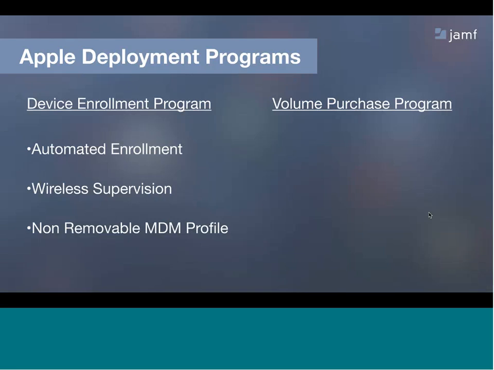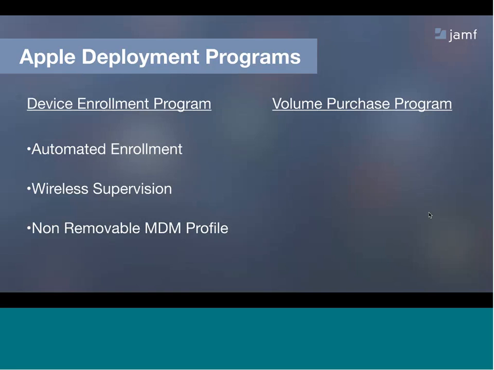The next thing you get with the Device Enrollment Program is automated and wireless supervision. We're going to talk in detail about supervision, but just to give you an idea, supervision simply means that Apple will recognize the device as corporate owned. It belongs to Jamf, not to Veronica, and so it unlocks an additional layer of management capability.